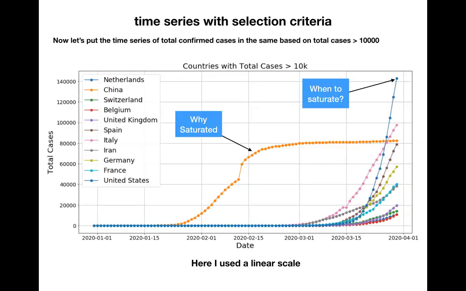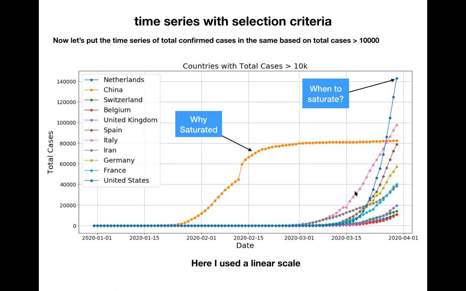Right, so if you still remember this plot, we generated it using pandas and matplotlib and NumPy, and you will see that these are the temporal variation of the number of cases with countries greater than 10,000. When you see this, you will see a couple of things.